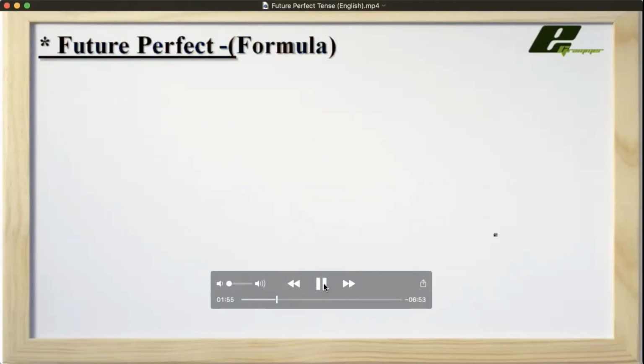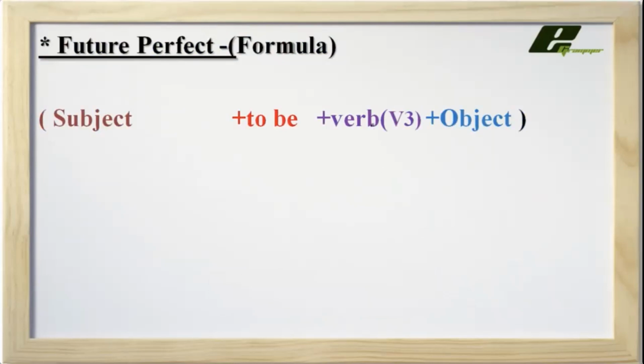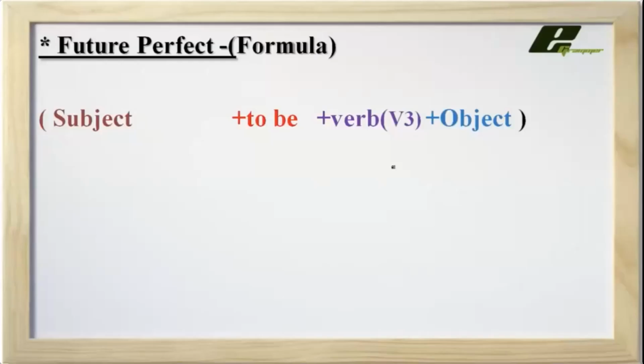So let's look at the formula of the future perfect tense. In the sentence, first comes the subject, then comes the helping verb, a form of to be, then the main verb.